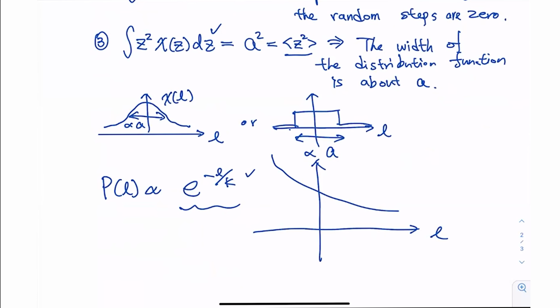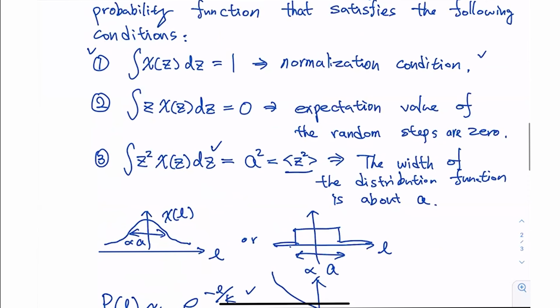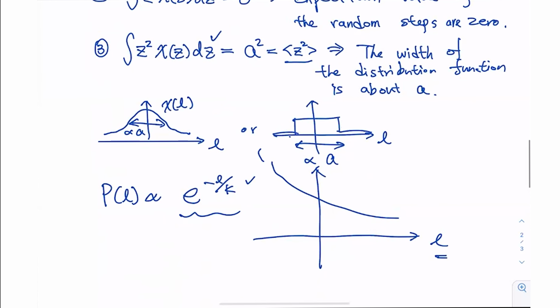And if I allow L to go to negative infinity, then I will have a problem, because I will never be able to satisfy the first condition, because it just diverges and becomes very large. So when you try to integrate it, it will not be a simple value.